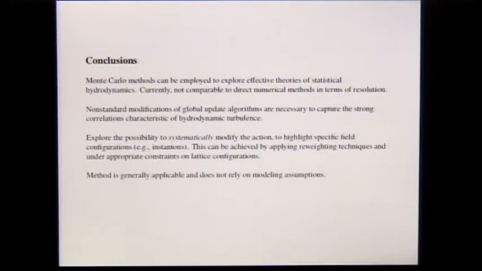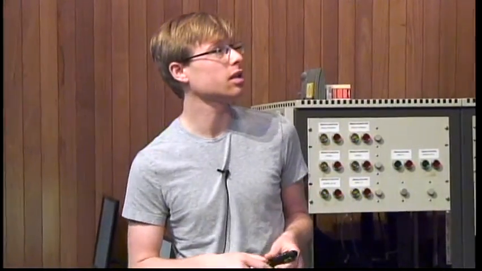Right? So I mentioned that this allows us to systematically explore possibilities in the framework of these Monte Carlo techniques. And one particularly important aspect thereof is that it's free of modeling assumptions, right? So in general, the only thing that you need to take care of is to derive the action for the model or the system of equations that you're interested in. So in principle, the same techniques apply for first-order hydrodynamics.